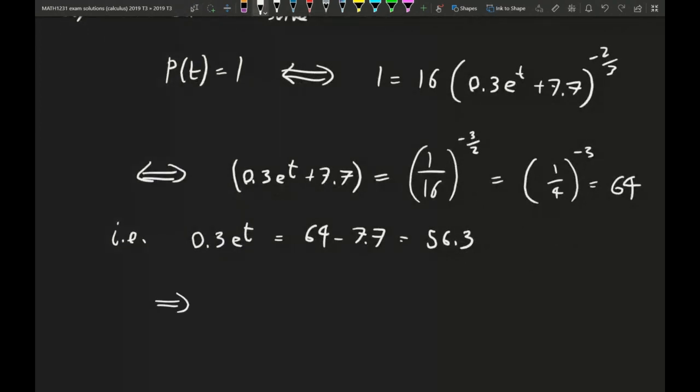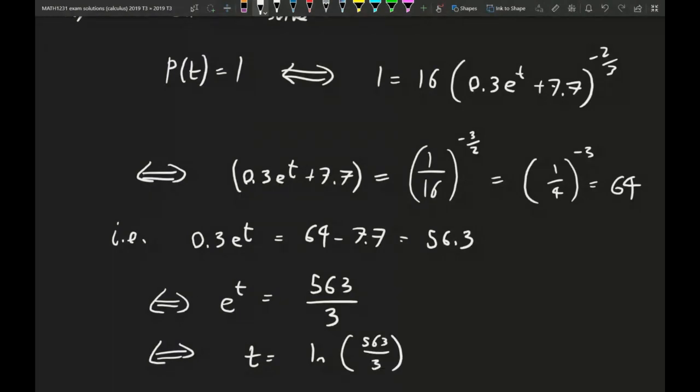So that is equivalent to e to the t is equal to, I'm going to just move the decimal point to get 563 over 3, or in other words, t is the log of 563 over 3. I hope that is correct.